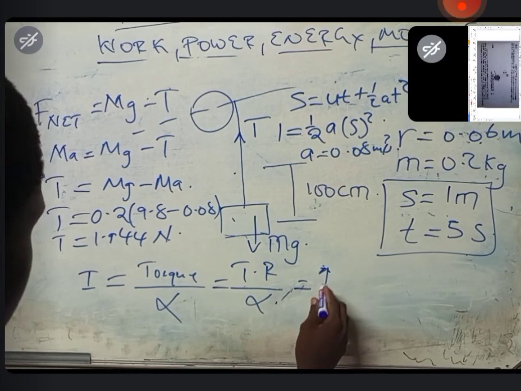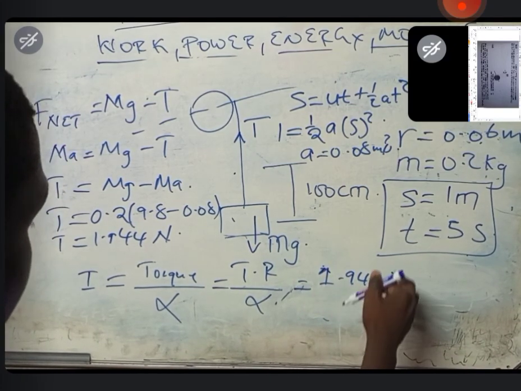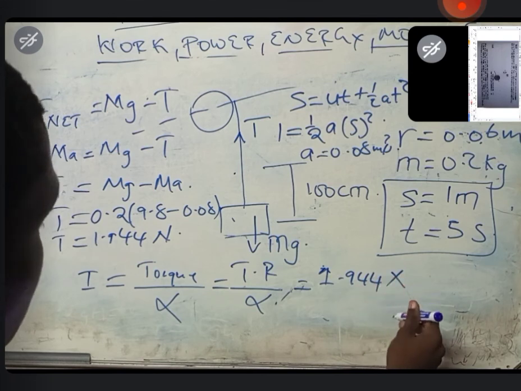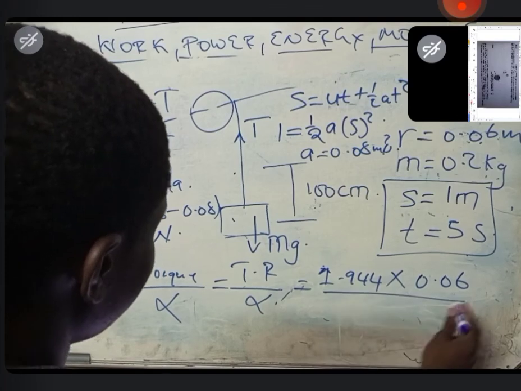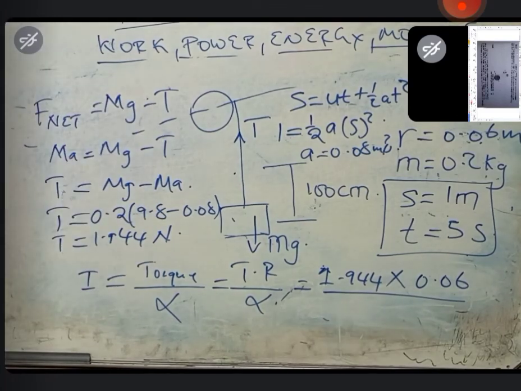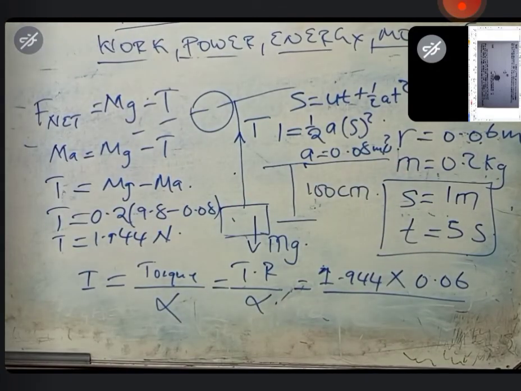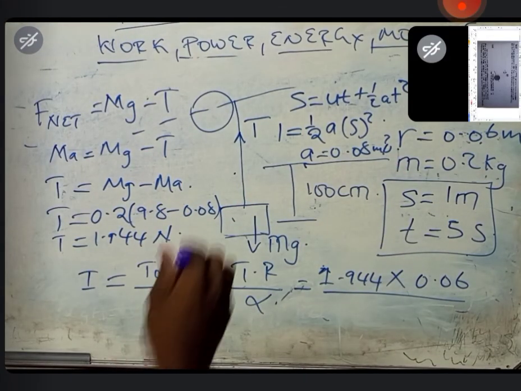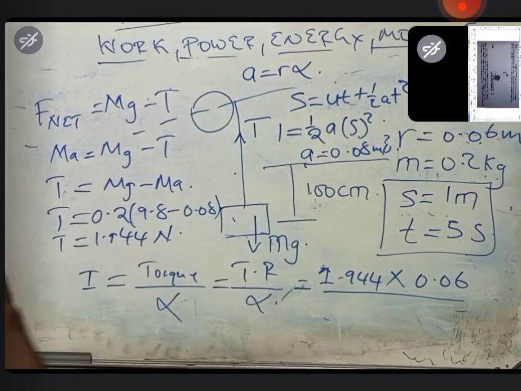So you can substitute. The radius is 0.06. For the angular acceleration, we found the linear acceleration. Remember we said a is equal to radius multiplied by the angular acceleration.